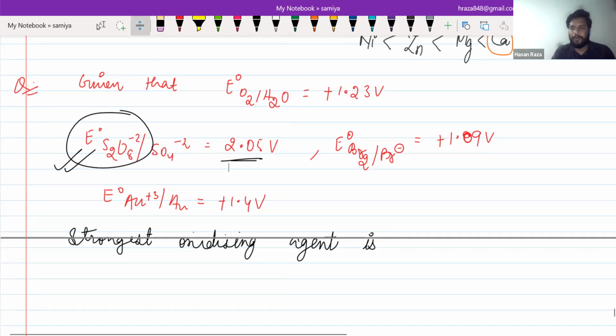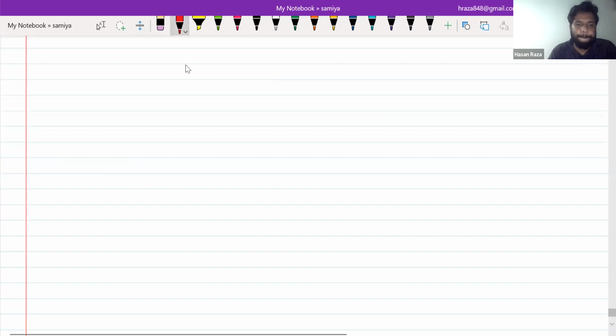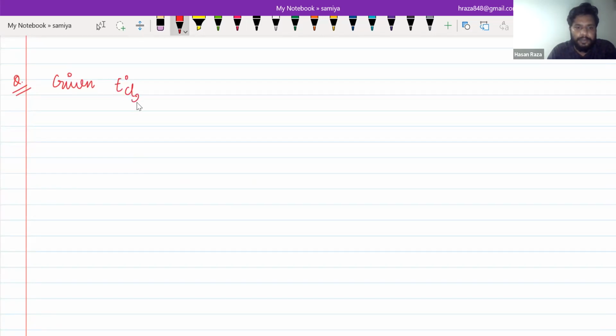Now I'm going to give another question. That is given E0 Cl2 slash Cl minus is equal to 1.36 volt. E0 Cr plus 3 slash Cr is equal to minus 0.74 volt.